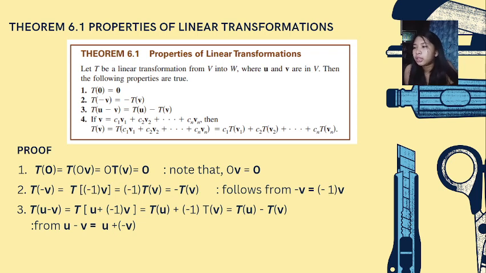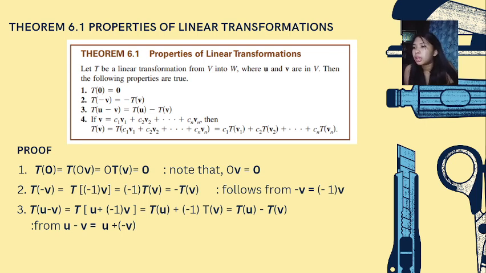Next property we have is the linear transformation of the negative vector b is equal to negative linear transformation of vector b. To prove this, the linear transformation of the negative vector b is equal to the linear transformation of negative 1 times the vector b, since we have to remember that a negative vector is equal to negative 1 times the vector itself.